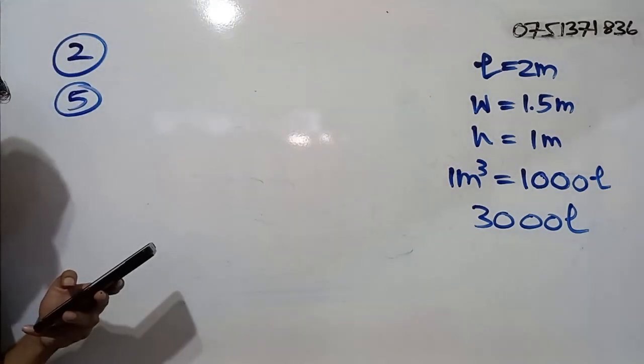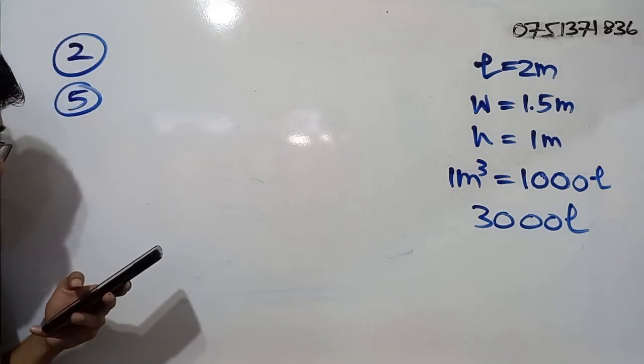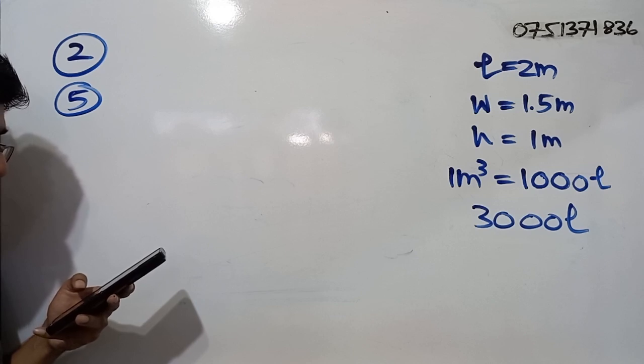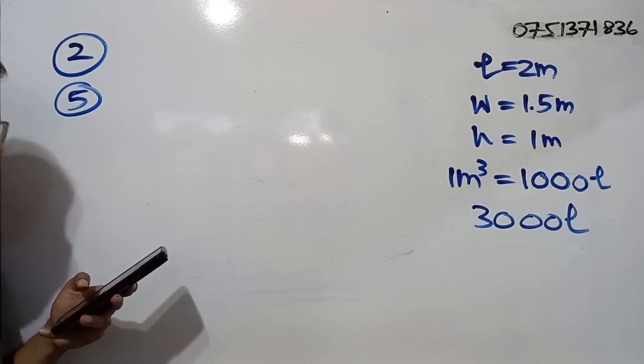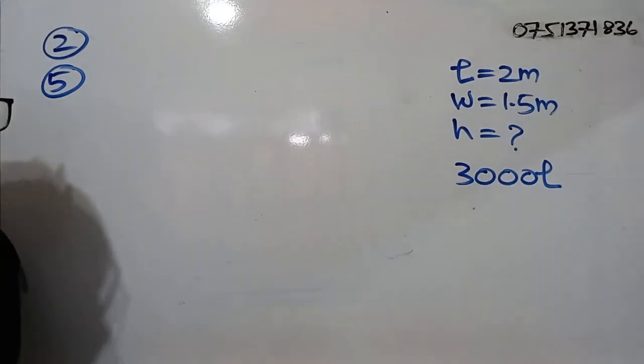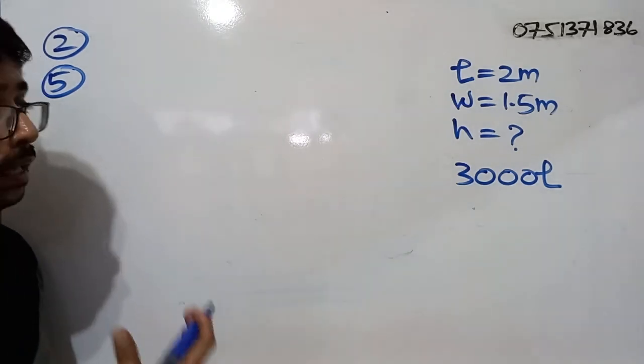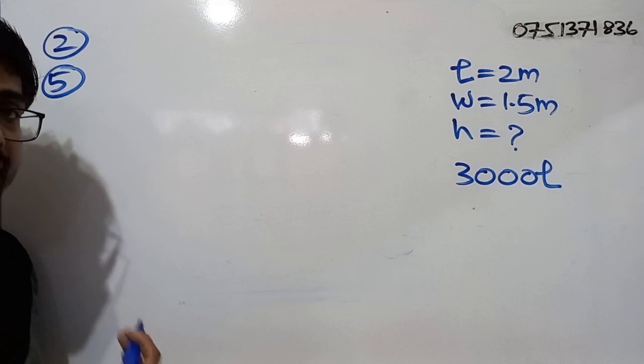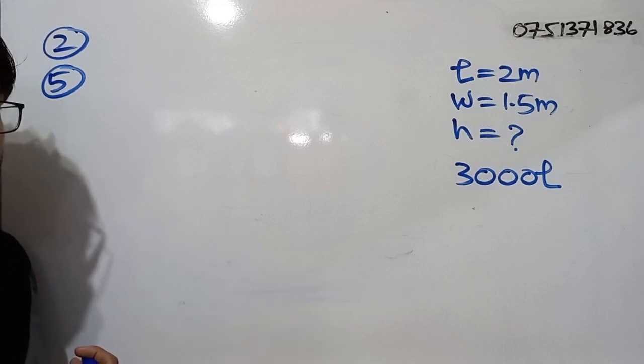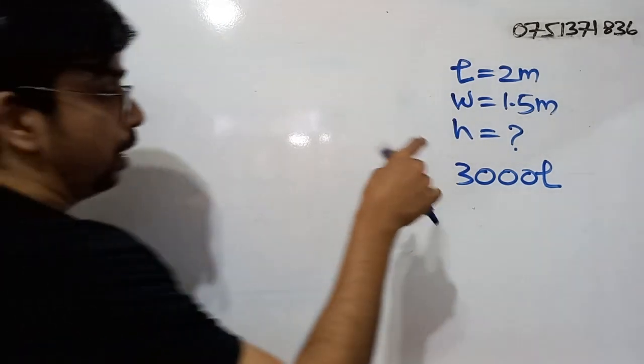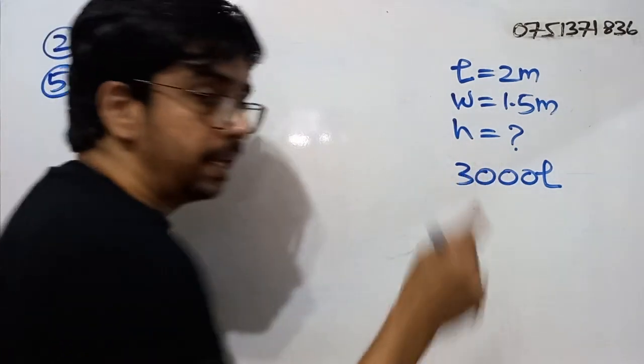Part 5. On a day when the tank is filled to its capacity, 900 liters of water leaks out due to a fault in the delivery pipeline. Find the height of the remaining water. So the first thing is, we need to find the amount of water that is remaining. We know the tank is at its capacity.